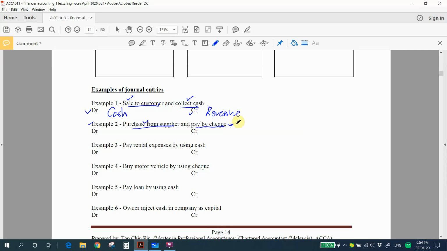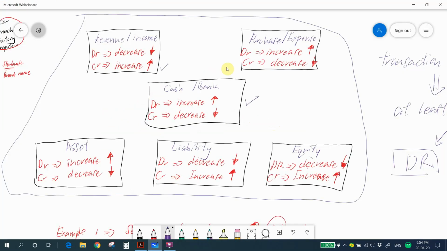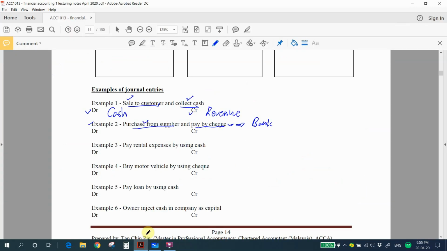Check refers to payment by using the bank account. So let's identify the first one, purchase. When you buy something from your supplier, will your total purchase become higher or lower, increase or decrease? I think the answer is increase, right? Your total purchase will become higher when you purchase from your supplier. So here on the debit side, we indicate purchase.